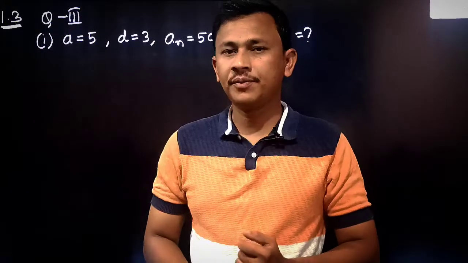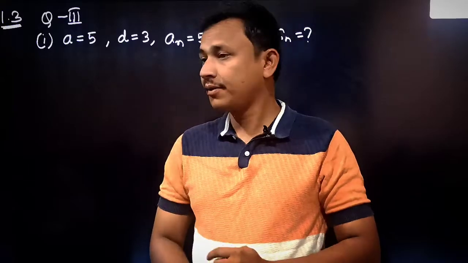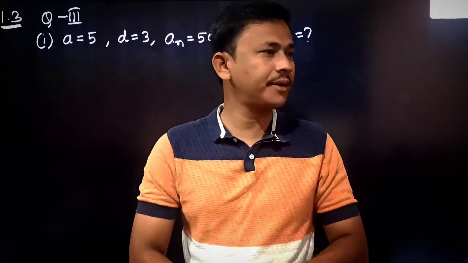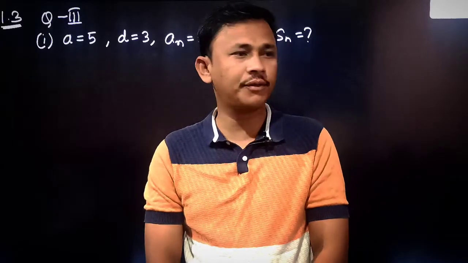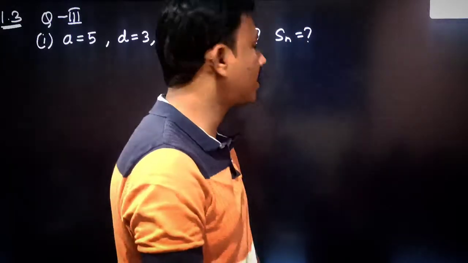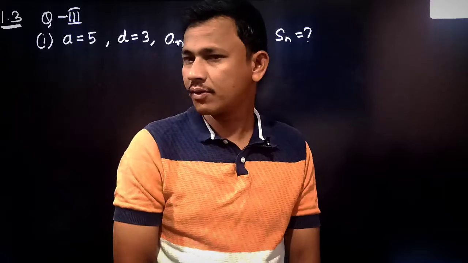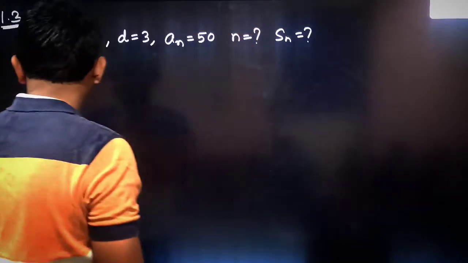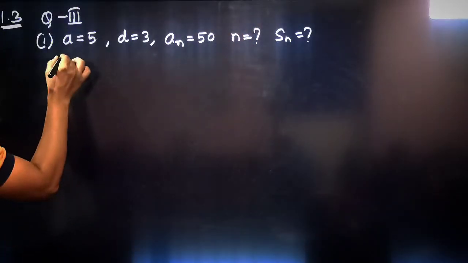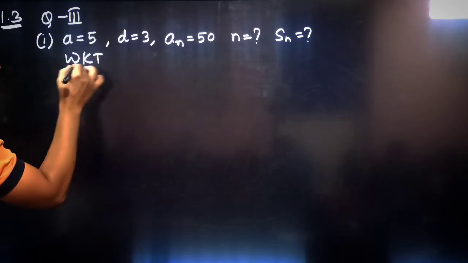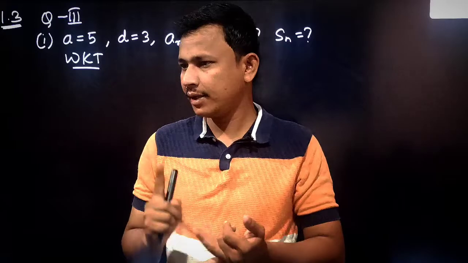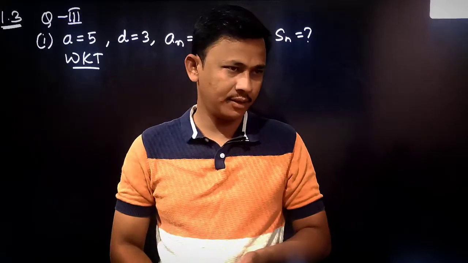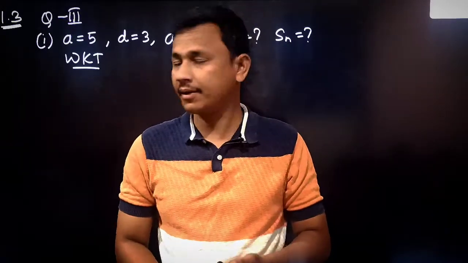Exercise number 1.3, question number 3, first question. What is the question here? a is equal to 5, d is equal to 3, an is equal to 50, n is equal to question mark, and Sn is equal to question mark. Correct? We know that to find the n value we need to have an, a and d.